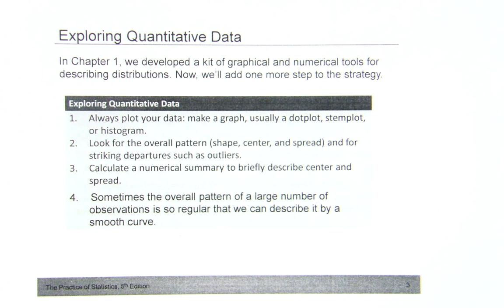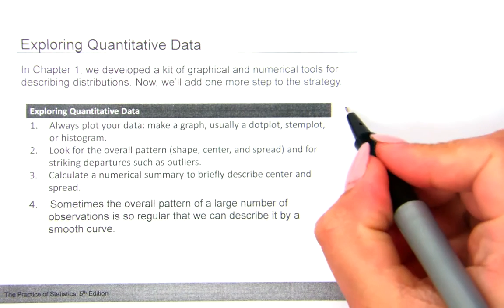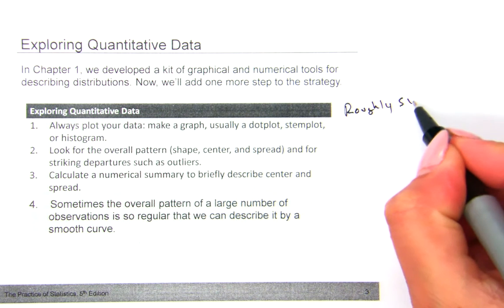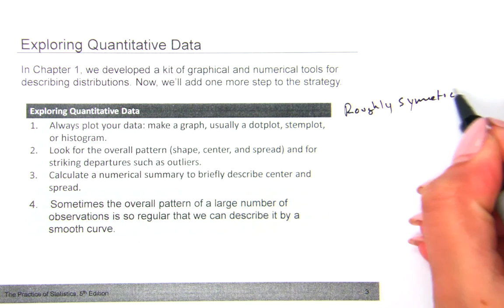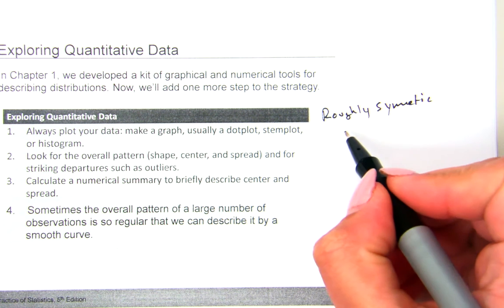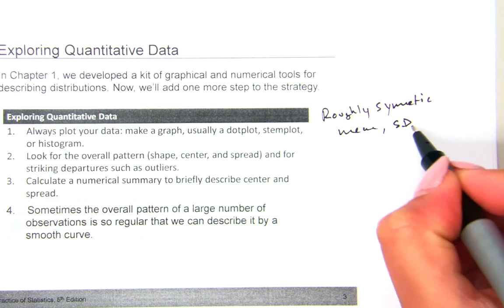And then just a reminder, if you have a roughly symmetric graph, or whatever it is you're using to plot your data, you're going to use the mean and the standard deviation.